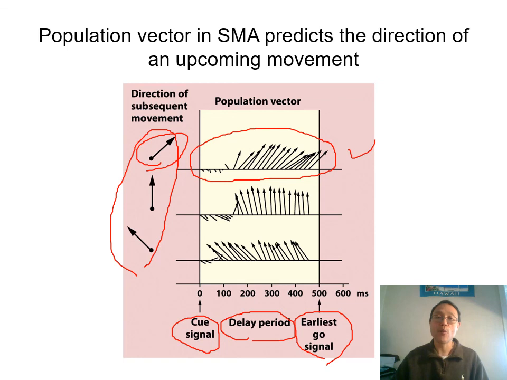When the population vector is like this, the movement is like this. Basically, this tells us that the direction of the population vector really predicts the direction of the forthcoming movement. Okay, that's everything I wanted to talk about in this slide.